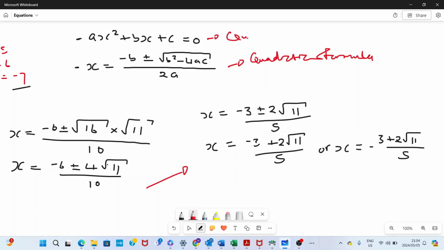So it's very important to notice, when you get such questions and you struggle to factorize them, you must then try to use the quadratic formula. So we have come to the end of the session.